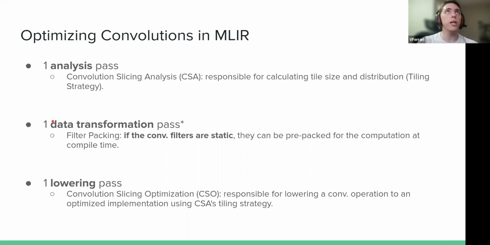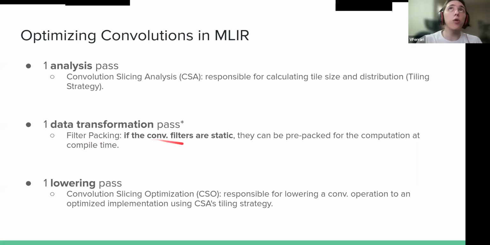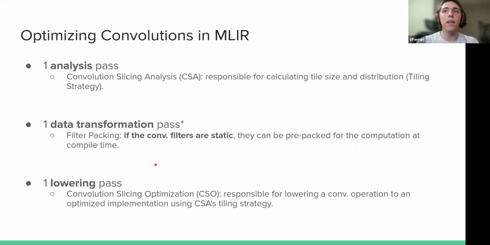The data transformation pass is called filter packing. If the convolution filters are static, they can be packed at compile time. We can rearrange the layout to be what we want at compile time if these filters are available at compile time, which is a realistic assumption to make.